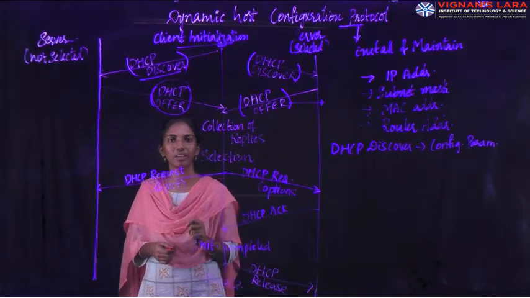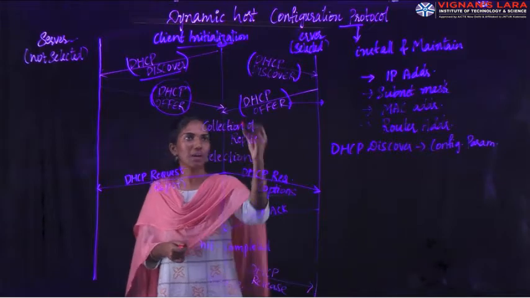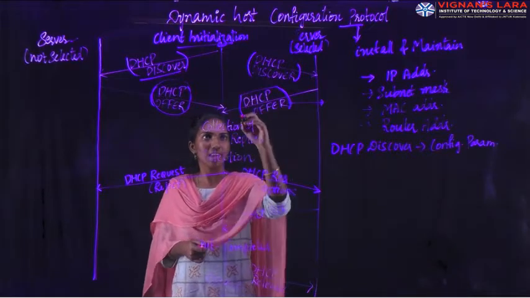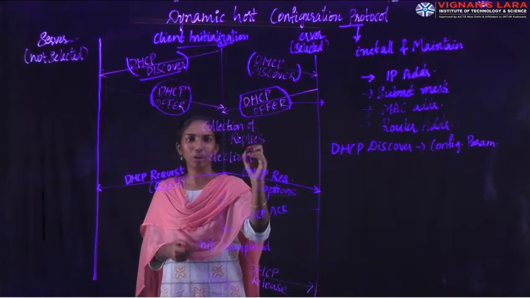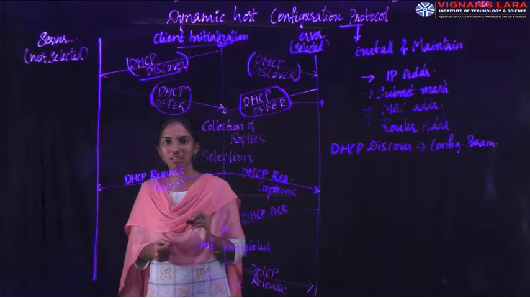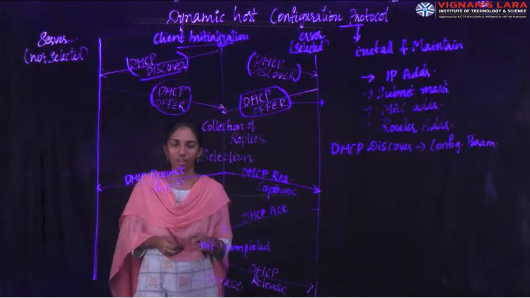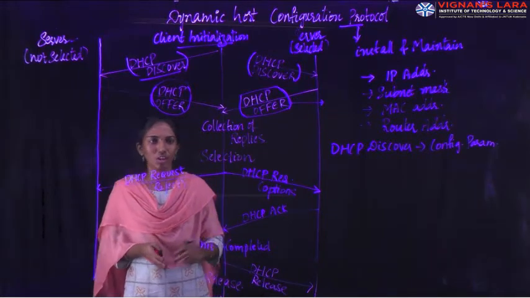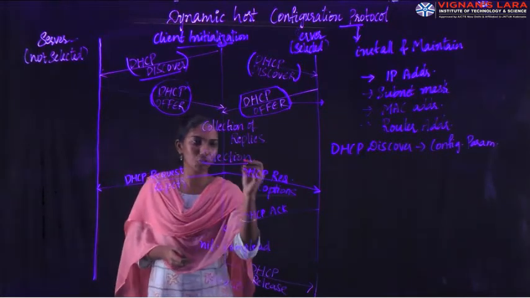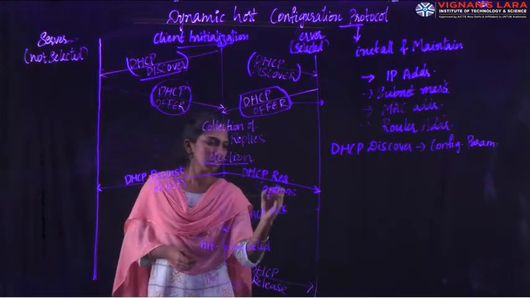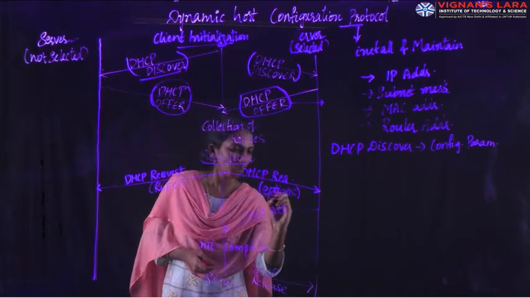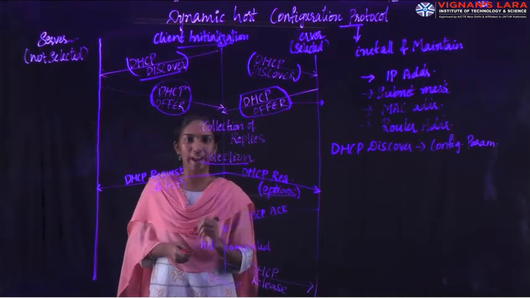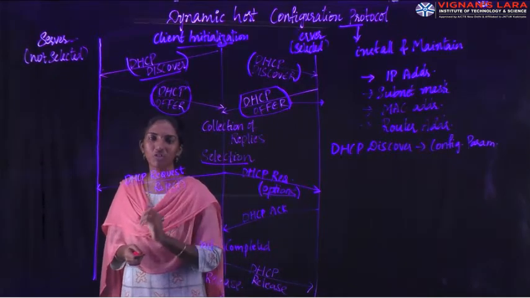If that particular configuration is accepted by the client based on the collection of replies, it is going to select one server for the computer installation. Whenever the selection is made, that particular server is sent a request with options, and the others are sent a reject packet.